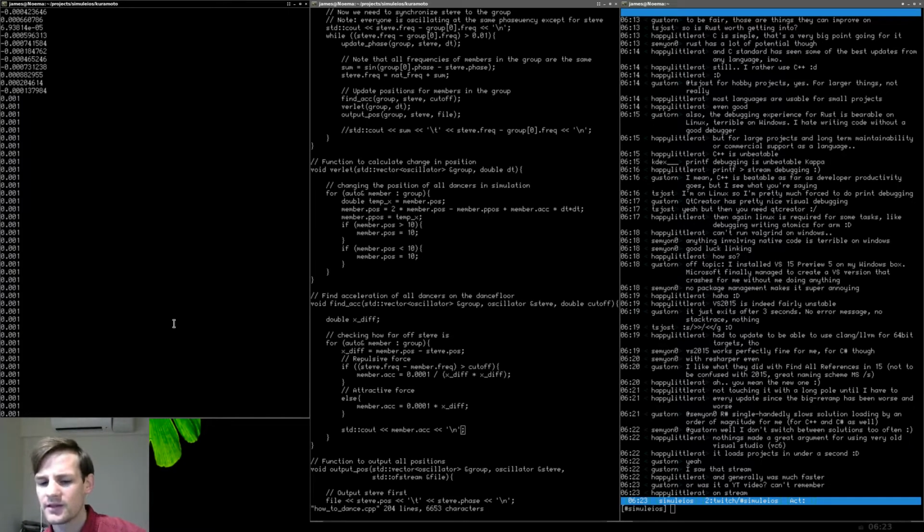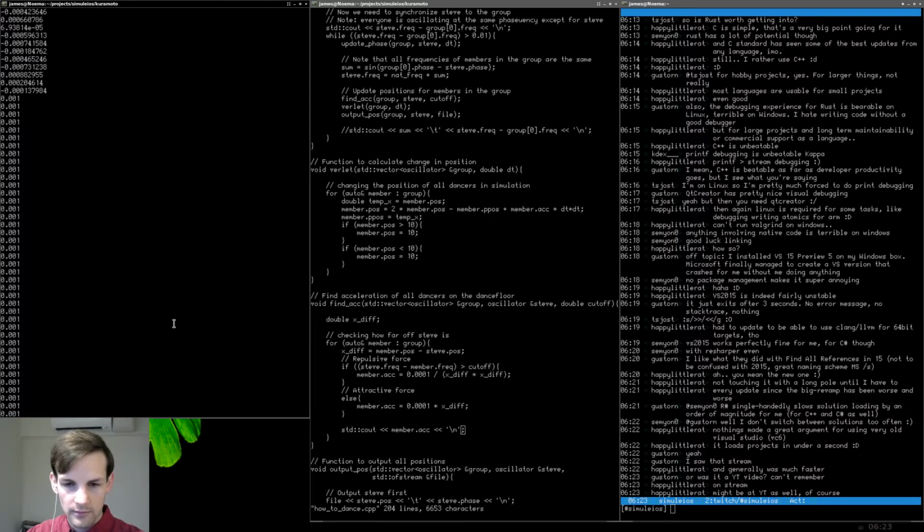So that's one thing that's a little bit weird about this. So we probably need to have some sort of x-hat direction in here. So what do we have here? Member acceleration. But that doesn't solve the underlying issue, that the positions are all forced into a certain, they're all 10.